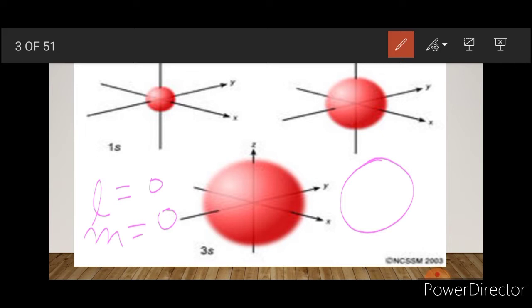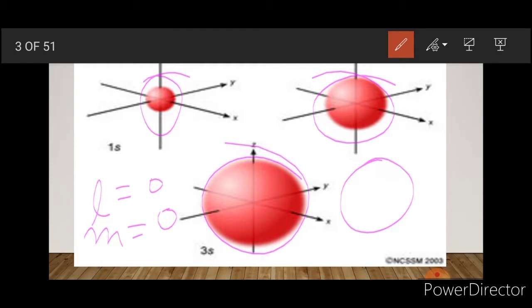The size of s orbitals depends on the value of its principal quantum number, that is n. Greater the value of n, larger is the size of the orbital. You can see here 1s, 2s, 3s.